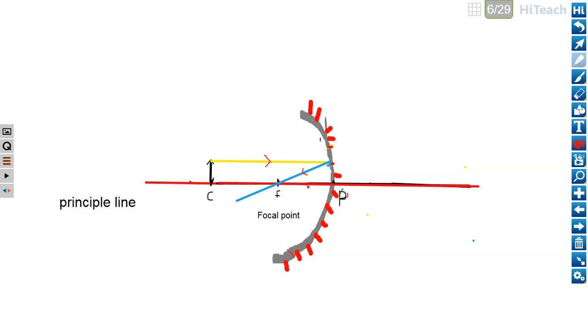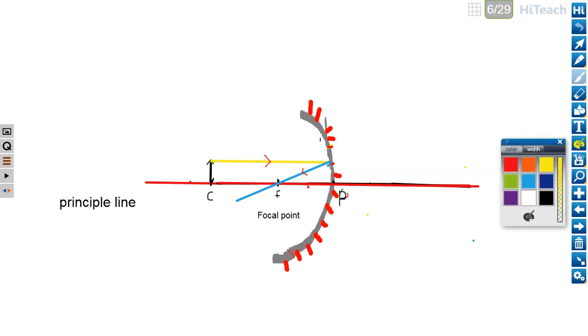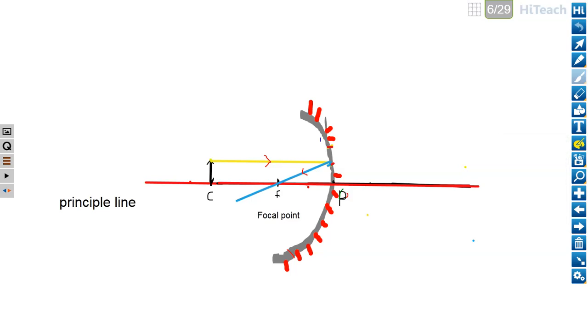The other ray that I'm going to use, I'll also use the yellow one, from the top, passing through the focal point, and hitting the mirror. When it passes through the focal point, how will it be reflected?